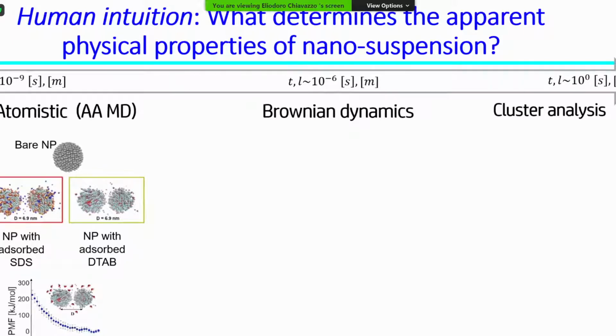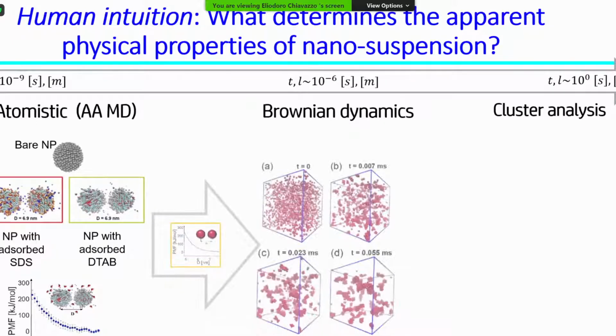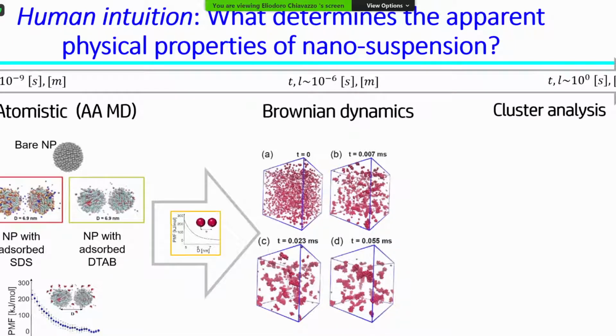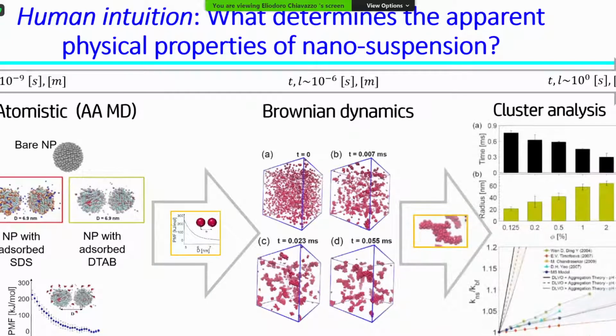So what we did, we followed a sort of bottom-up approach. We were using molecular dynamics simulation, extracting potential of mean force between the particles, then passing this kind of information to a Brownian dynamics, making cluster analysis, putting this information in a continuum level model, and verifying that actually there is agreement between the predicted apparent physical properties of the suspension and the experiments.